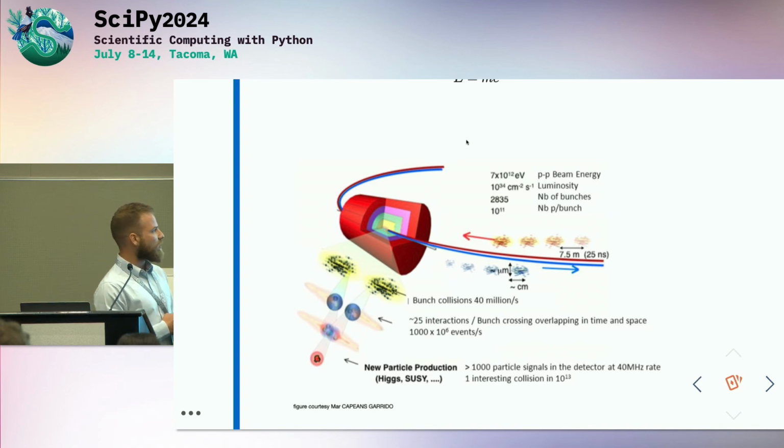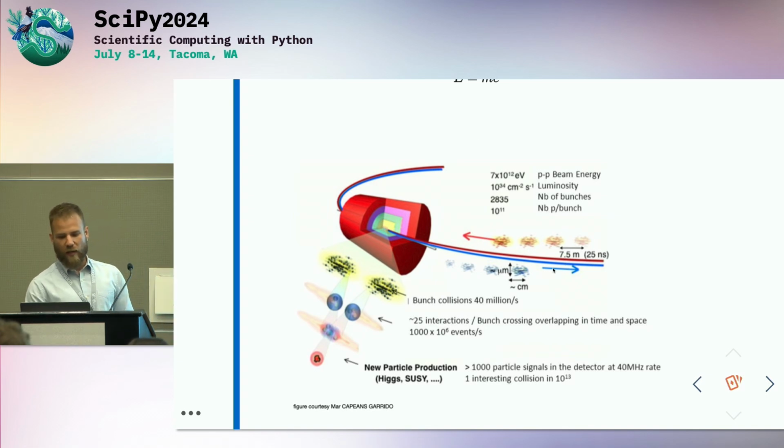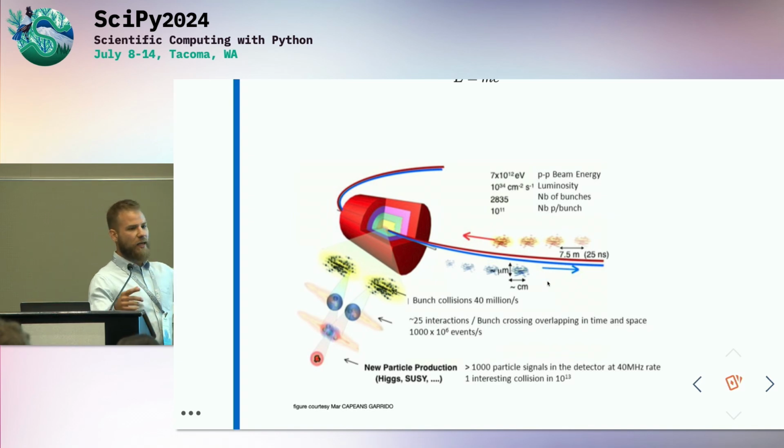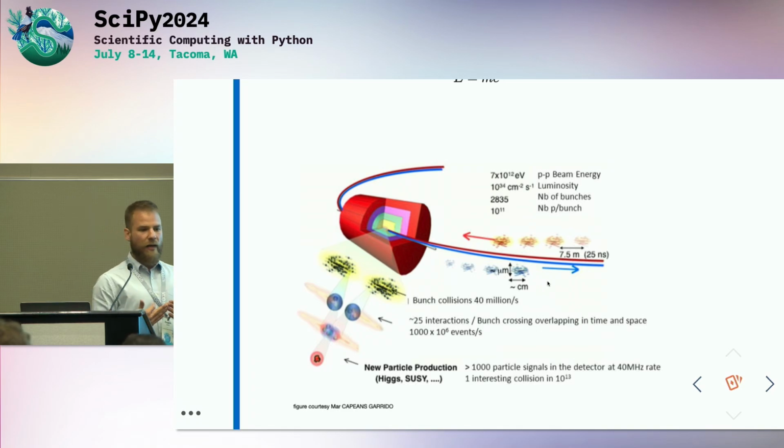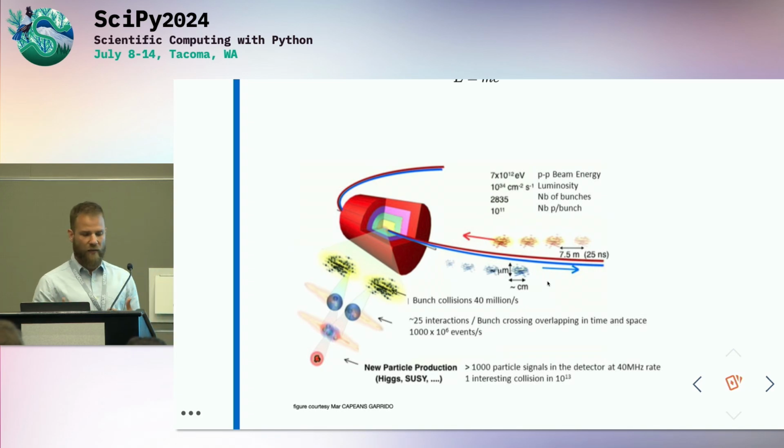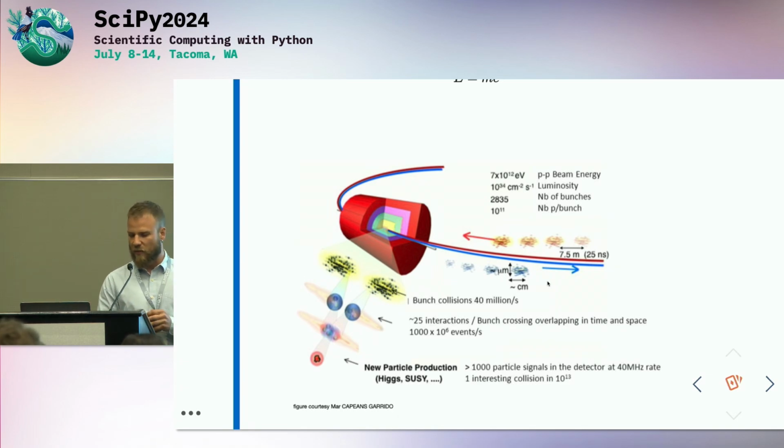To give some numbers about the complexity of these experiments: as I said, it's a circular collider. Inside this collider, there are two tracks that accelerate protons and bring them into collision. There are actually 40 million collisions happening per second, right? It's a very, very high frequency experiment. These collisions are called events, and I'm going to call them events for the rest of the talk.